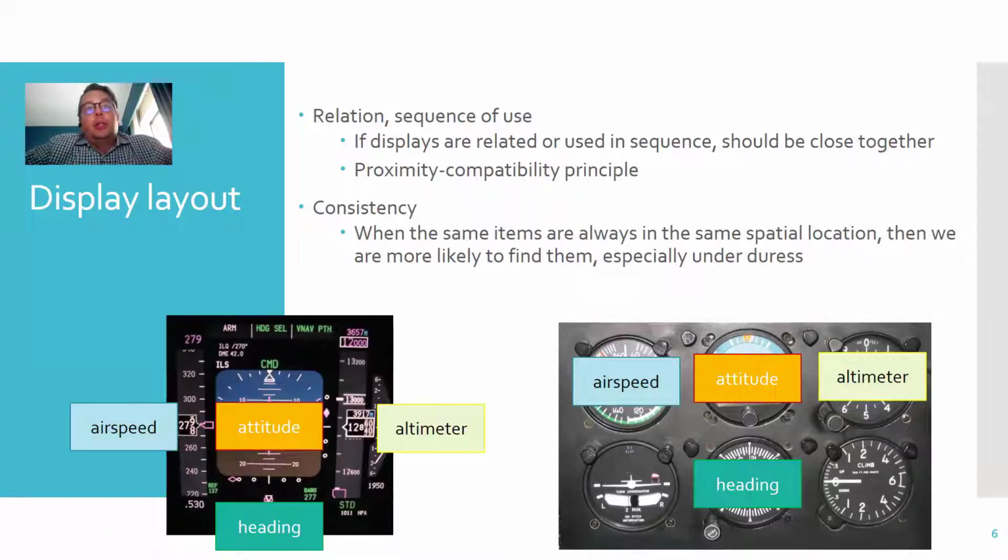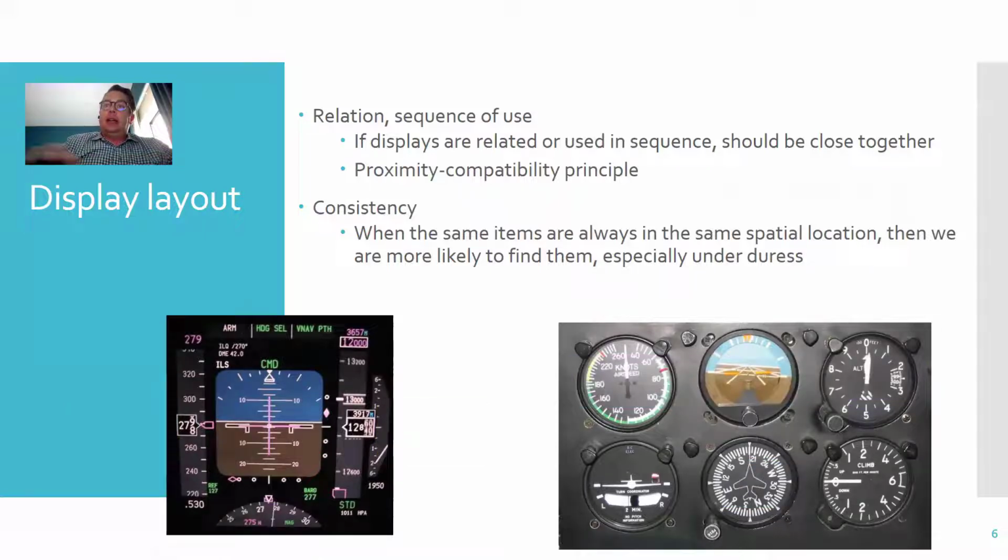That's how we find those four key pieces of information that I need for flying an aircraft. And note that here on the right, those displays would be very regularly in this T block configuration in my six-pack.